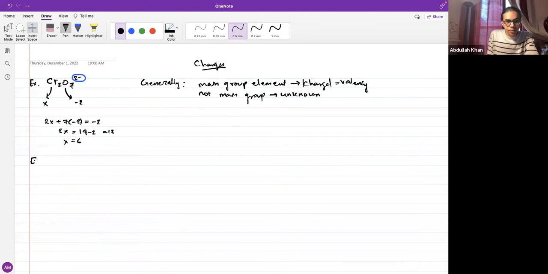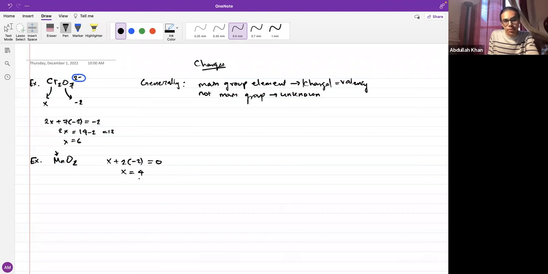Another example, figure out the charge on manganese, Mn. That would be x. There's two oxygens, each carrying a charge of -2. It's a neutral molecule as a whole. It's a neutral compound. And so the whole thing comes to 0.